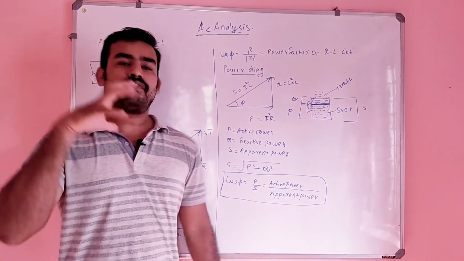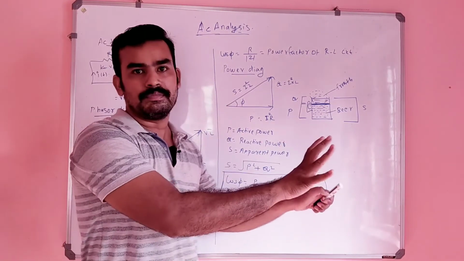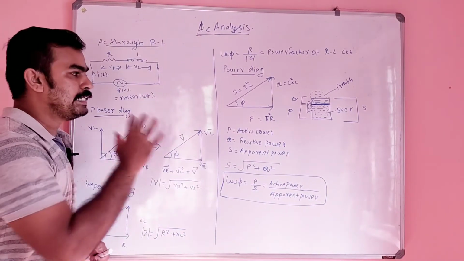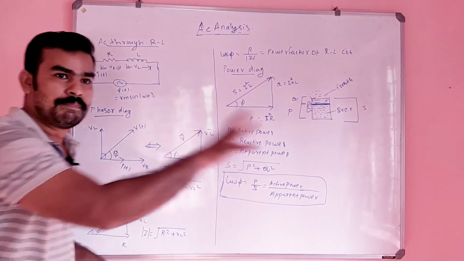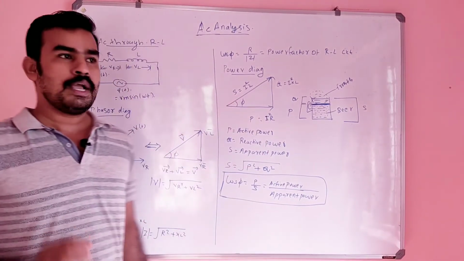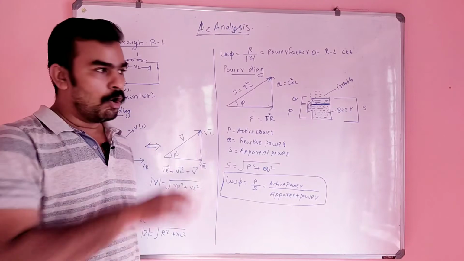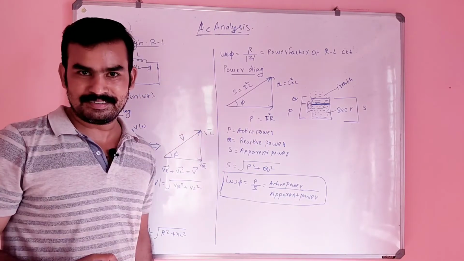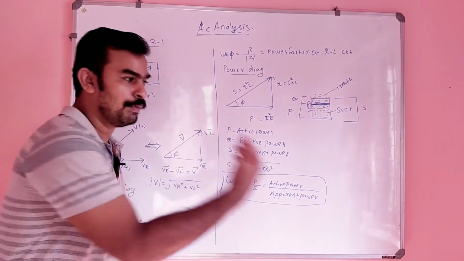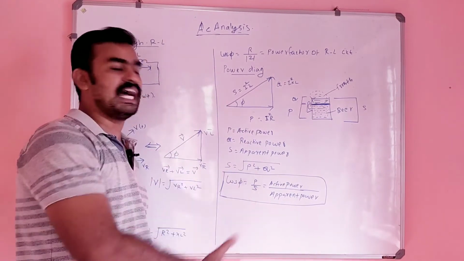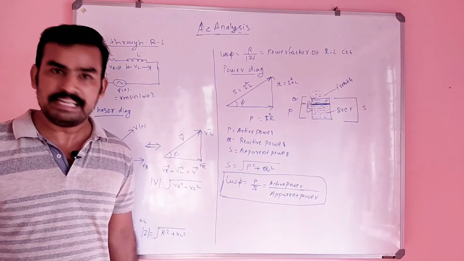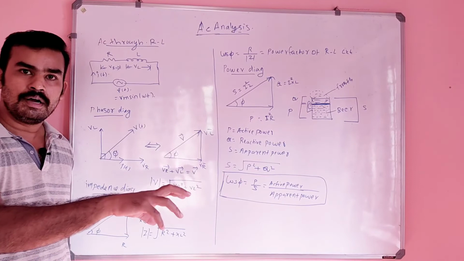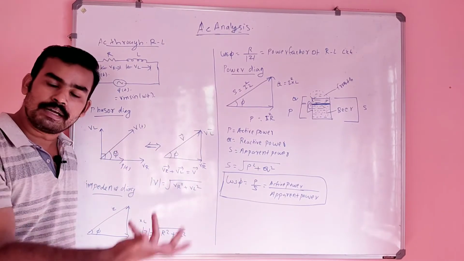The power that we give to a circuit is called the apparent power, the total power given to the circuit. From that power, only a certain portion can do a useful amount of work, which may be in the form of heat, light, sound, or smell.